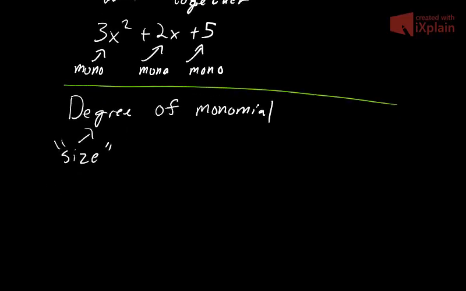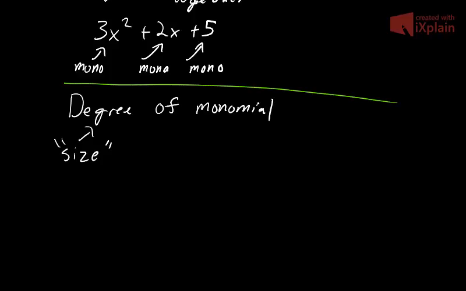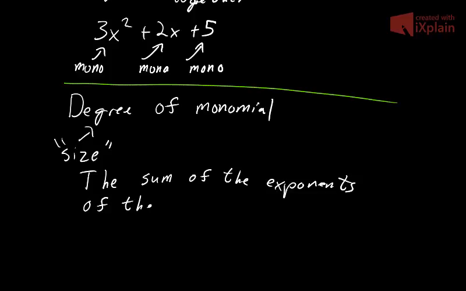So the size of your monomial is going to be, wait for it, the sum of the exponents of the variables of the monomial, which is a mouthful, but we'll look a little bit at what that means.